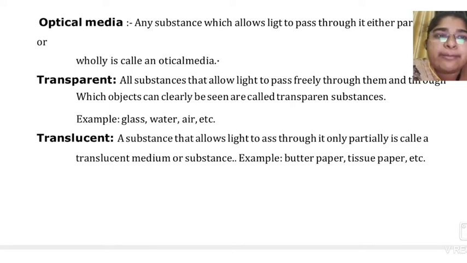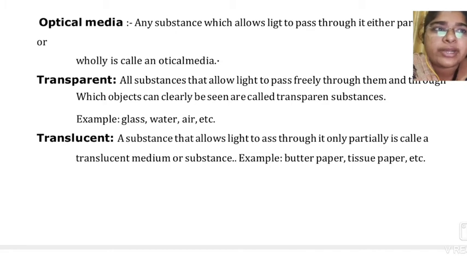Sometimes you see that butter paper is like an oily paper, and through it we cannot see clearly from one side to the other. We see, but not clearly. So that's why butter paper is called a translucent object.